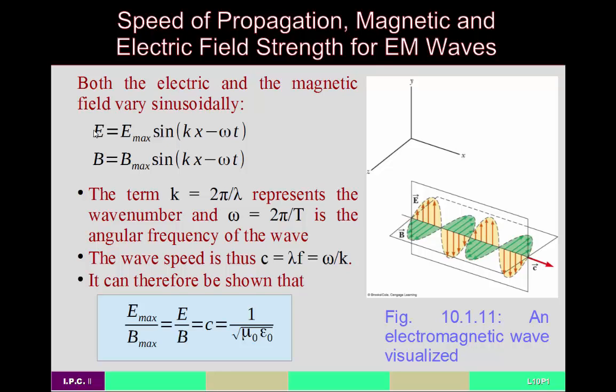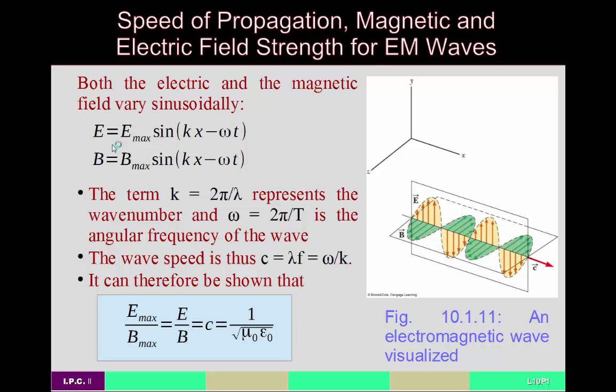So the electric field is equal to the amplitude of the electric field wave times the sine of the wave number times x, the position along the wave, minus the angular frequency times time.